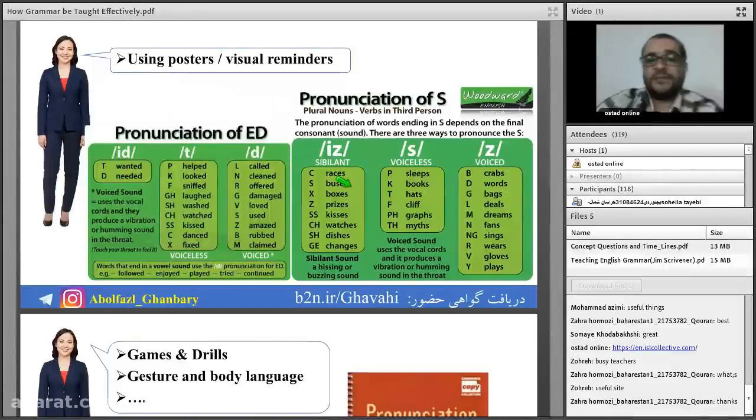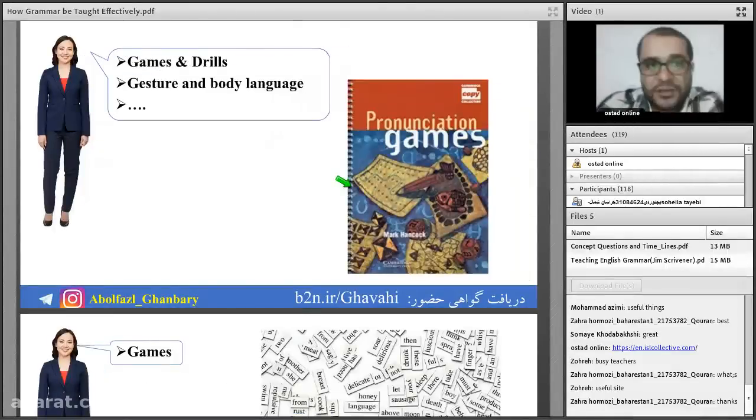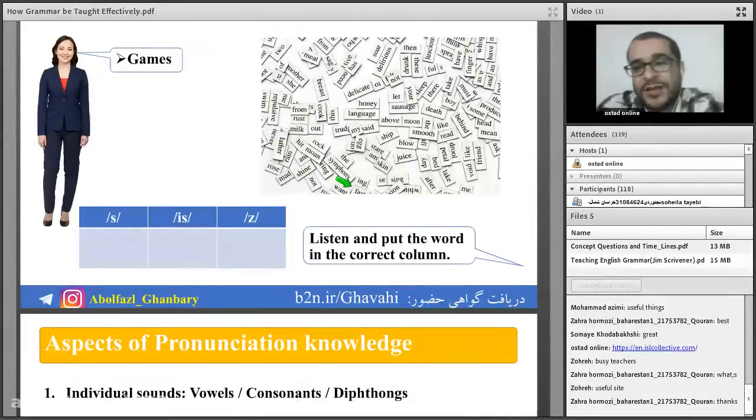For presenting pronunciation, we can use visual posters, visual reminders, as you saw in the video. We can use gestures, games, body language, and etc. Like, for example, this game.